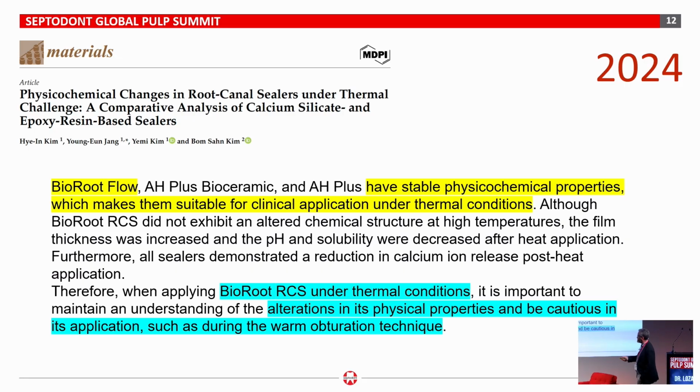So BioRoot Flow you can use with warm techniques, but with BioRoot root canal sealer we have to be cautious in its application in a warm obturation technique. So if you want to use the warm technique, you must use BioRoot Flow. Don't use the BioRoot root canal sealer.